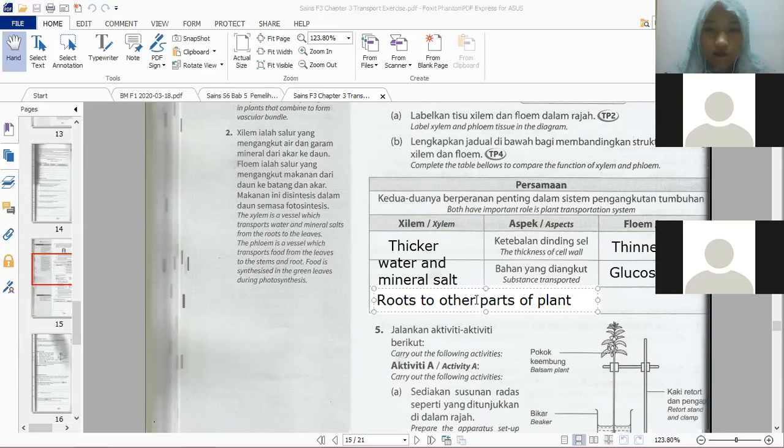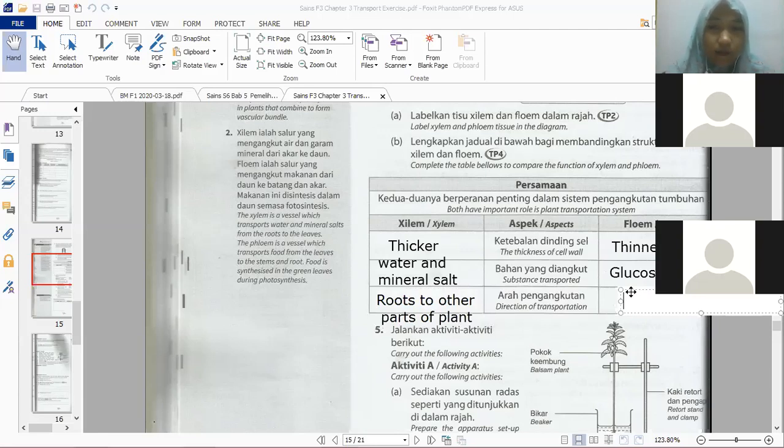Okay, while for this one, phloem, it is from where we got the glucose. Where the photosynthesis happen, it is at where? Is it the stem or the leaves? Yang ada yang buat photosynthesis. Photosynthesis happen at where? At where part of the plant? Yes, the leaves.